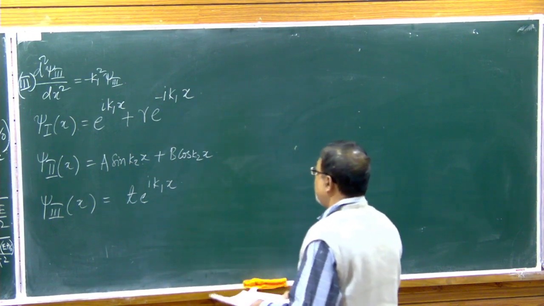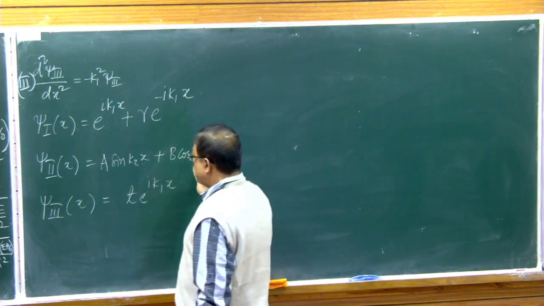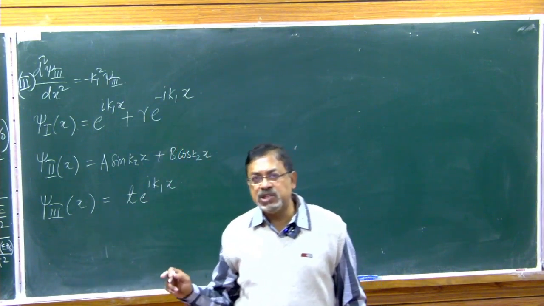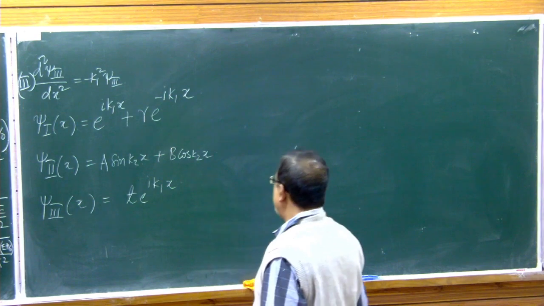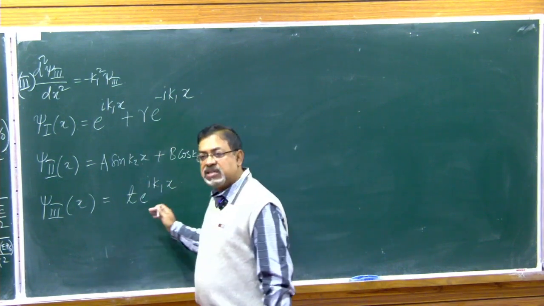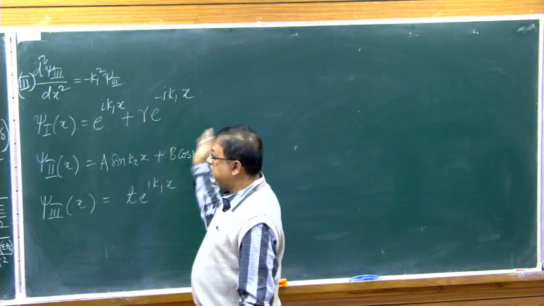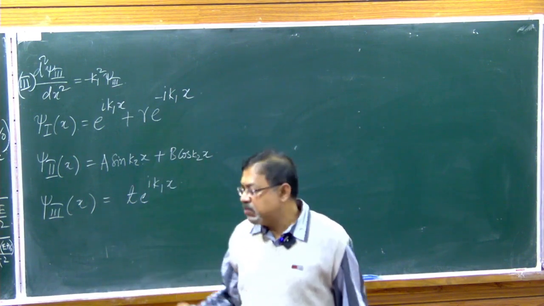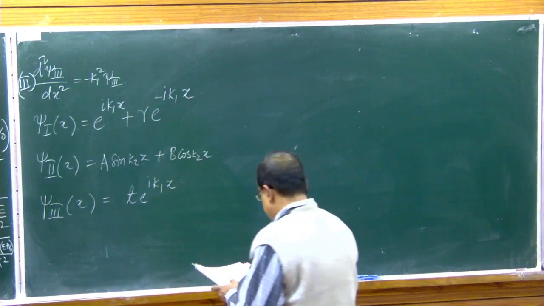So we are allowed to keep both the solutions, and similarly in the third region there will only be a transmitted solution and will not have any reflected component because there is nothing to reflect back on the right side of the potential well. Okay.